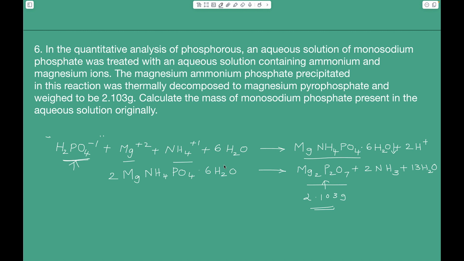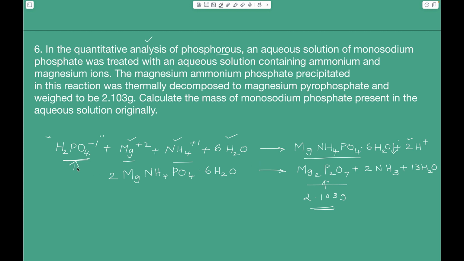Here are two equations for the reactions this question is talking about, and they are balanced chemical equations as far as I can tell. Though we have two equations here and they seem scary when we look at them, understand the fact that we are not interested in all these reactants and products. Here we are doing a quantitative analysis for phosphorus.